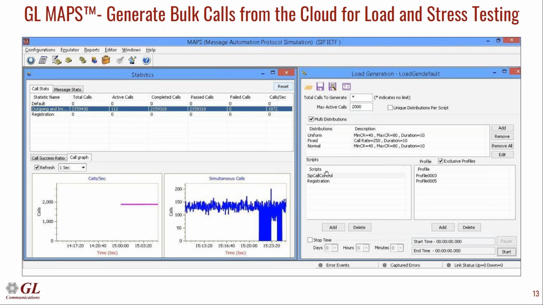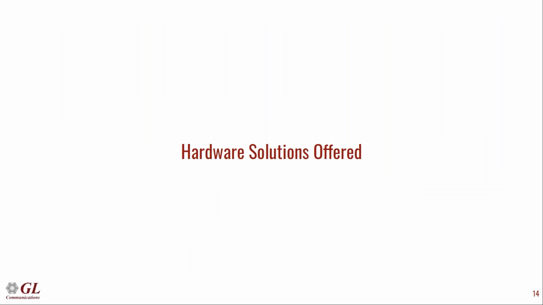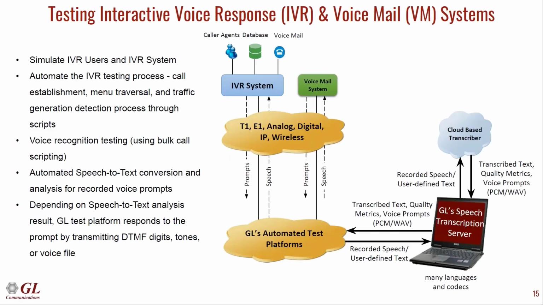We can import scripts. We can get graphs and so on. So this is what's happening behind the scenes. And we can, of course, give all this data to the customer after the test. So with that, I'm going to conclude that section of the PowerPoint, and I'll turn it over to Rob, who's going to talk in more depth about the actual hardware solutions that we offer. So Rob, feel free to begin.